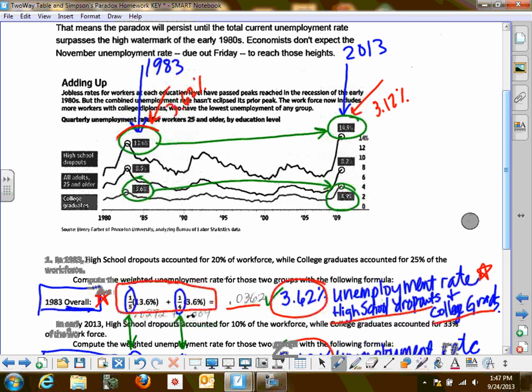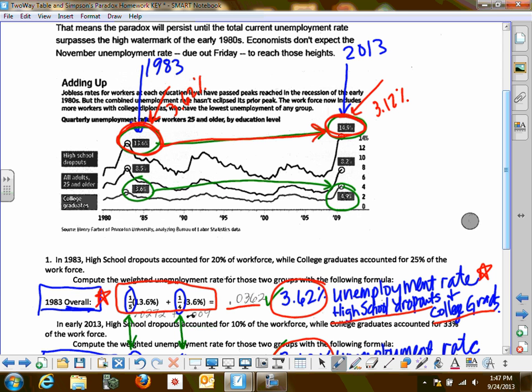What does this 13.6% here say? Okay, yeah, it is high school dropout. So this is saying in 1983, 13.6% of high school dropouts were unemployed. Okay, we'll compare that same number in 2013. What percent of high school dropouts are unemployed? 14.9%. So which is worse?